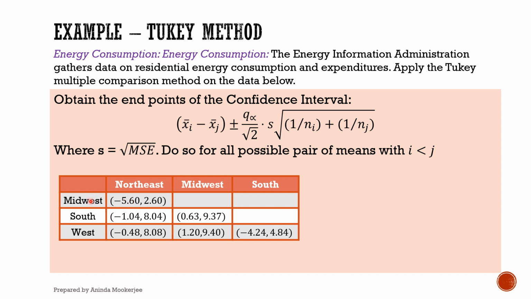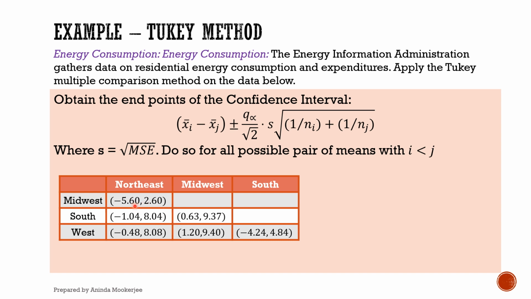So for Midwest and Northeast, the confidence interval for the difference of their means is negative 5.60 to positive 2.60. Likewise, the difference between the south and northeast was negative 1.04 to 8.04, and so on. That's how we should be reading this table.